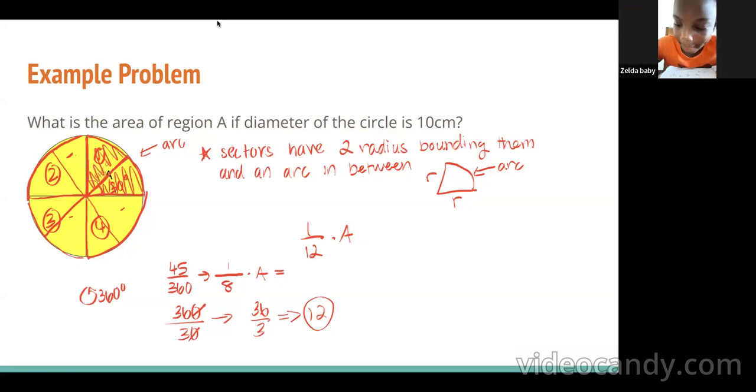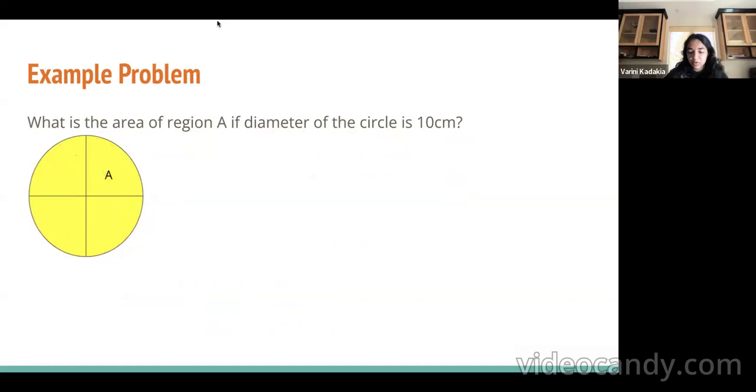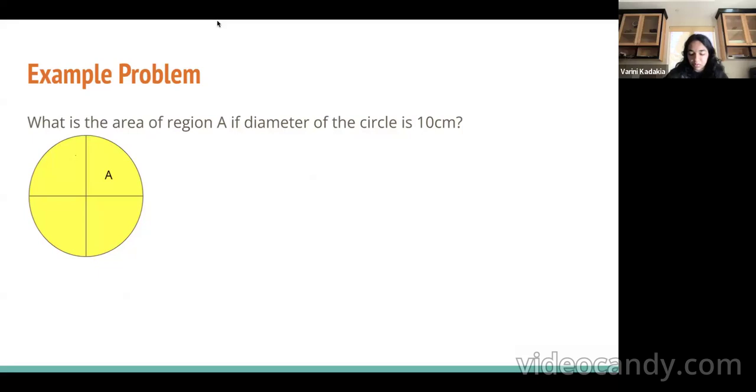Okay, so now let's go back to the original problem. If this is 90 degrees, how many sectors that are 90 degrees make up 360?